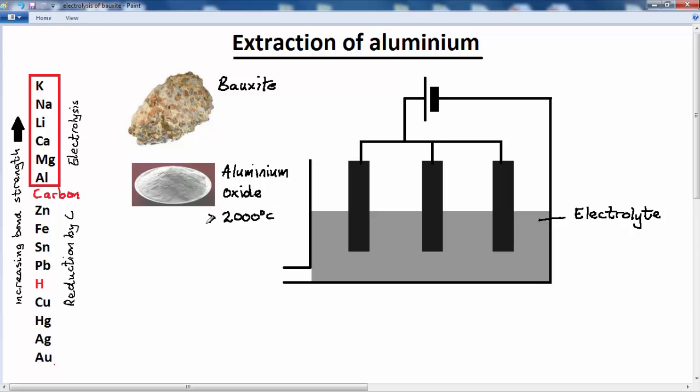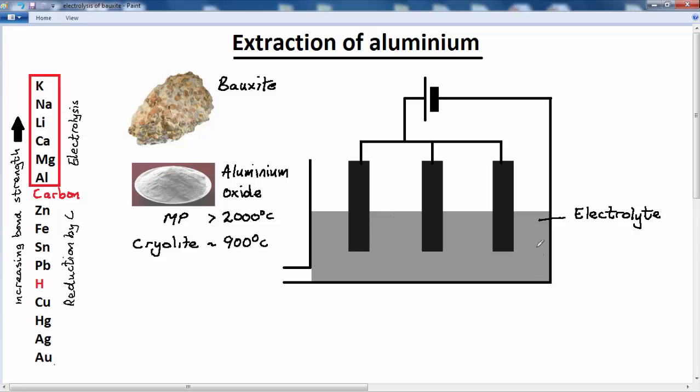So in order to melt it we mix it with another substance called cryolite, which is also a compound of aluminium, but the melting point of this mixture is typically around 900 degrees Celsius. This makes the electrolysis of aluminium oxide much more economical, because it requires less energy to produce the electrolyte. So let's have a look at how the process of electrolysis works.